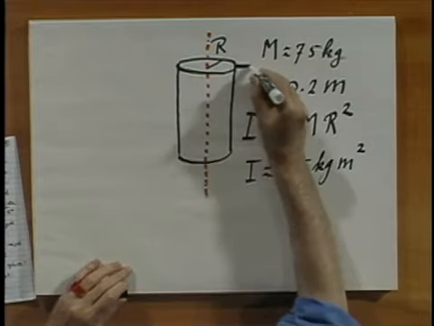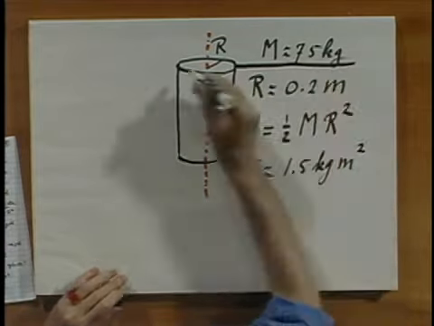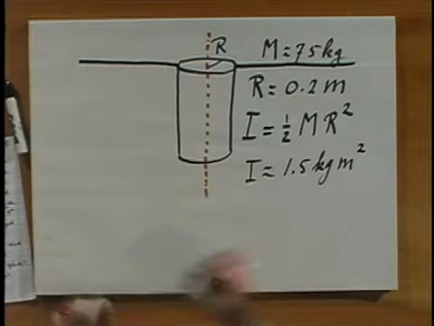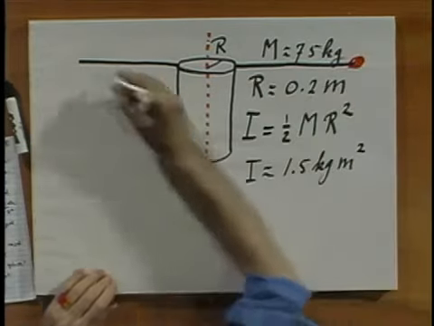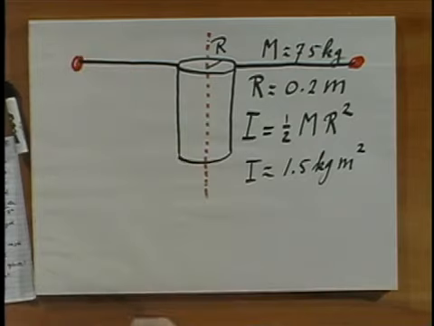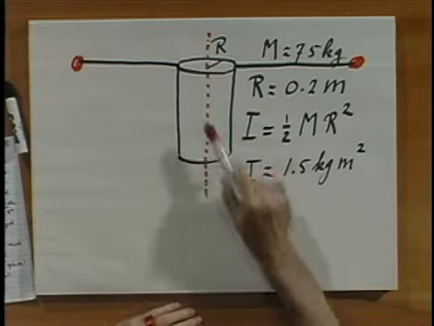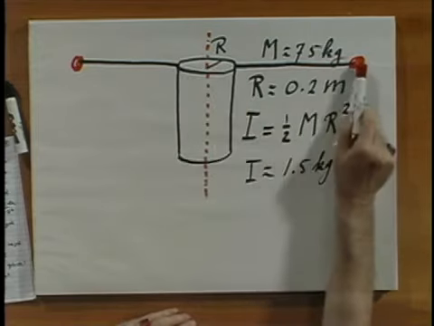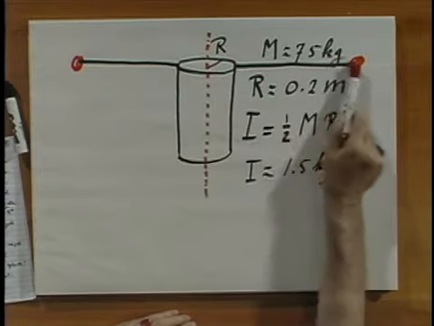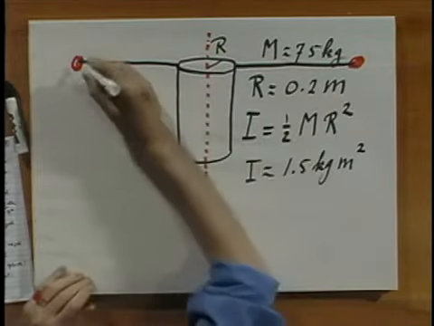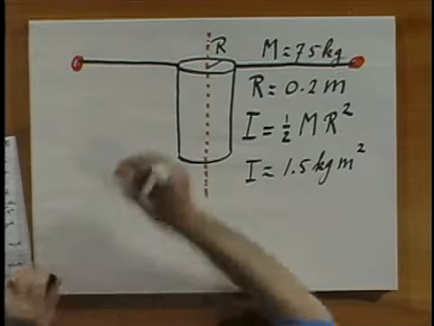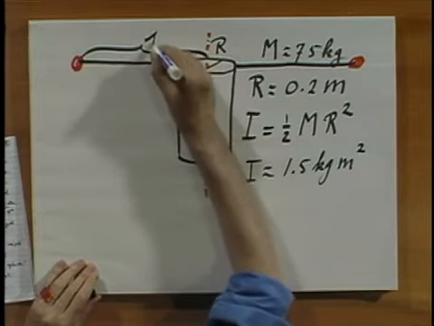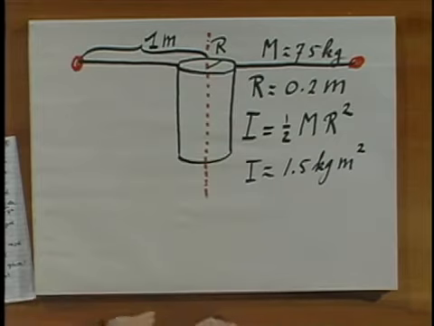Now I'm going to calculate the moment of inertia of this cylinder when the arms are stretched and at both ends of the arms is a mass of 2 kilograms. In other words, I have to add to the 1.5 kilogram meters squared the mass of 2 kilograms times this distance squared, and we will make an estimate that the distance from the 2 kilograms to the axis of rotation is about 1 meter. Nice number.